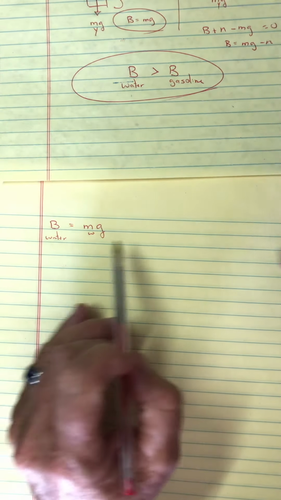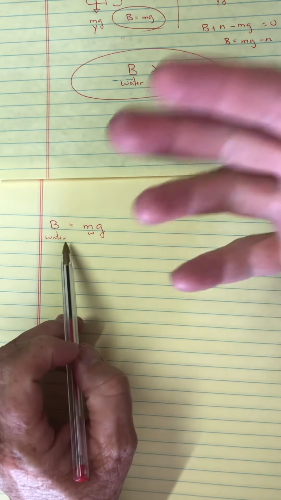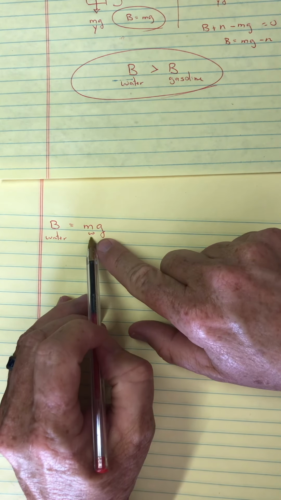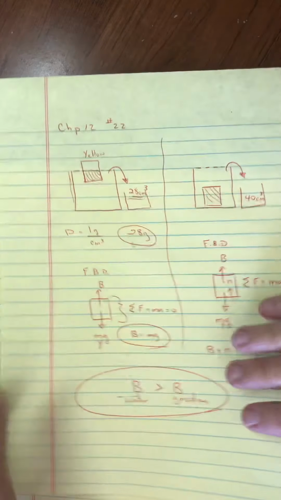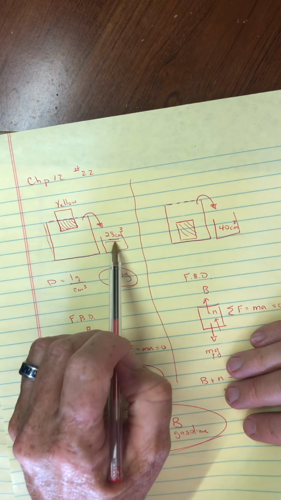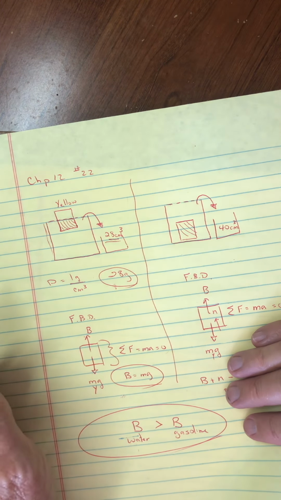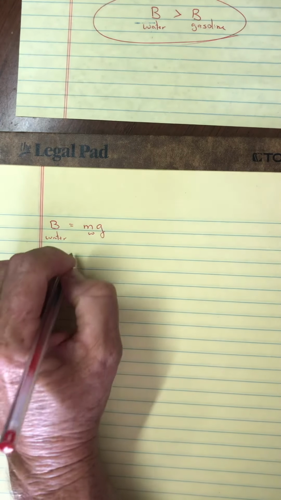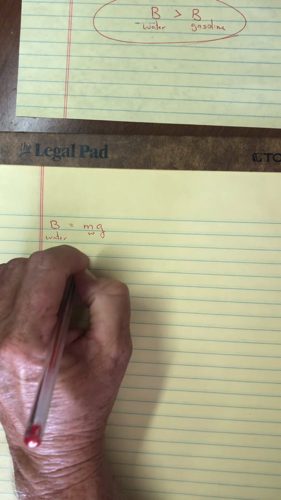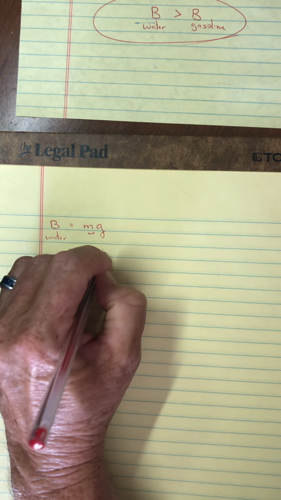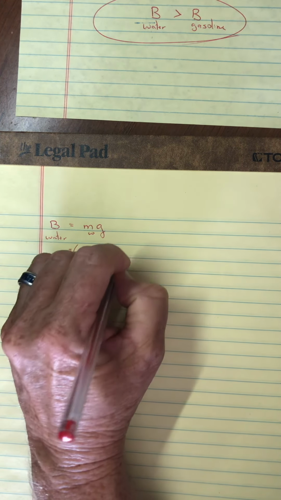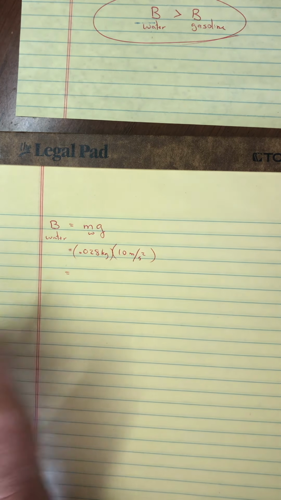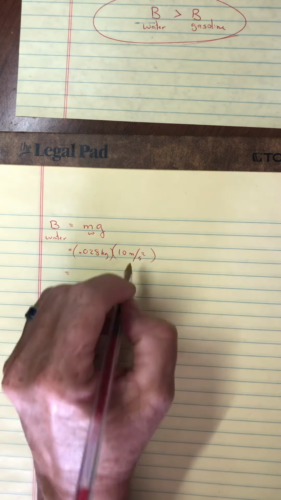So keeping those words in mind and remembering that weight is always calculated as mg, I'm just going to put a little w underneath it to tell myself that I'm talking about the mass that overflowed. Now remember earlier we said that that was 28 grams. So I'll go ahead and put in the 28 grams, although maybe I will convert it to kilograms, and I'll use g as a rounded 10 to make my math a little bit easier.